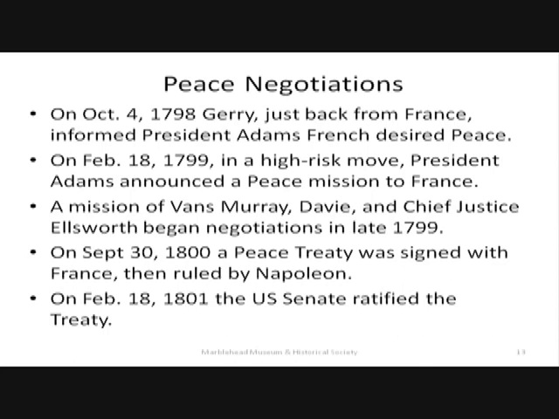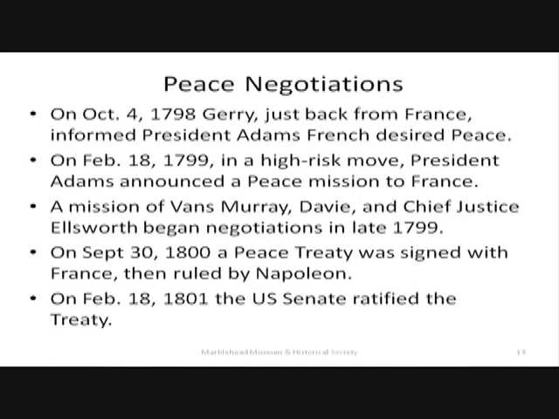Now, this is the part that most people have trouble with and goes on in most wars. It's the parallel track. At the same time you're going to war, you're negotiating peace. In this case, only two of the people on the commission came back right away.